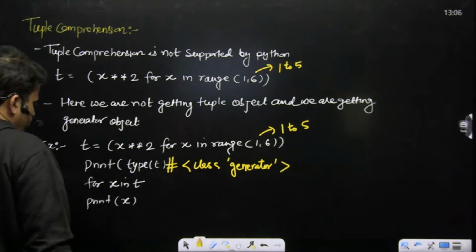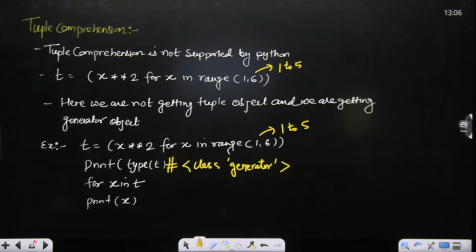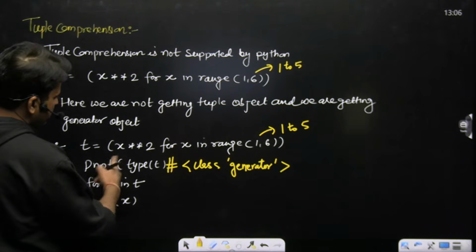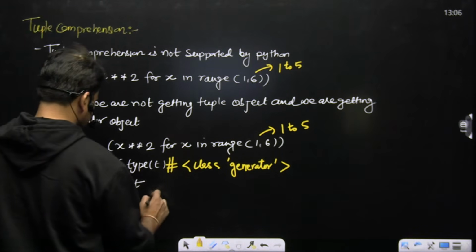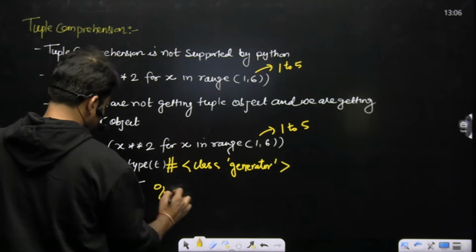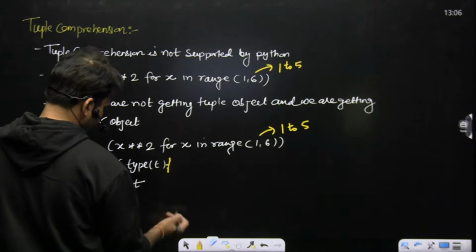So this is the output. For x in t, print x.